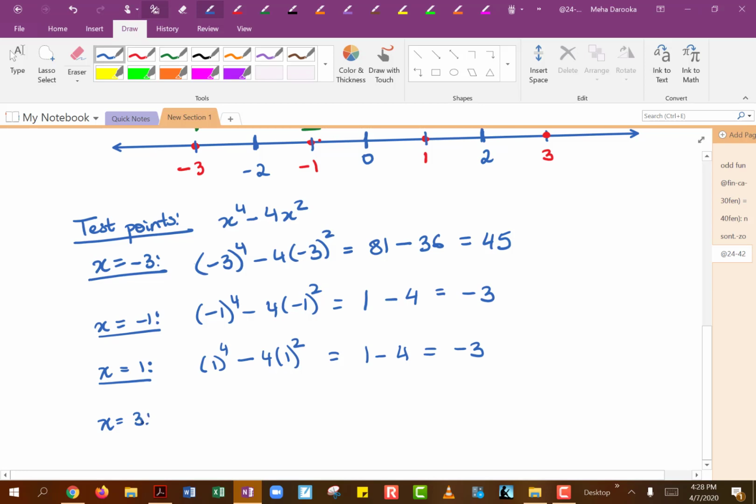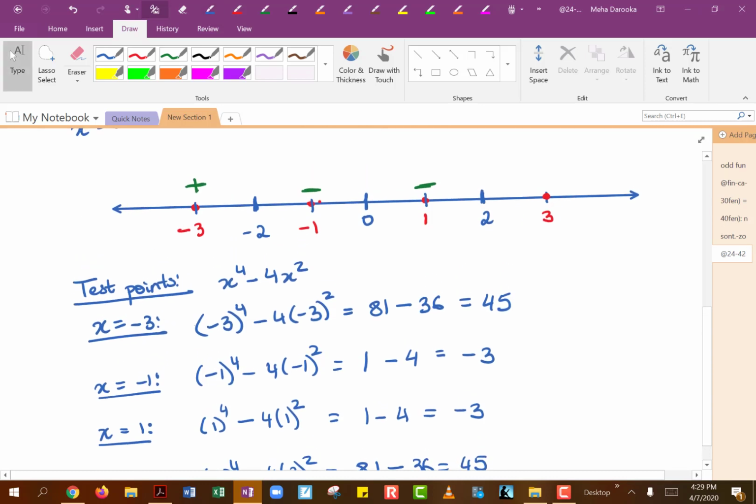And your last one was x equals +3, so that's 3 to the 4th power minus 4 times 3 to the 2nd power, which will again end up giving you the same numbers, 81 minus 36, which will also give you a positive 45. So all y values in this interval are going to be positive numbers also.